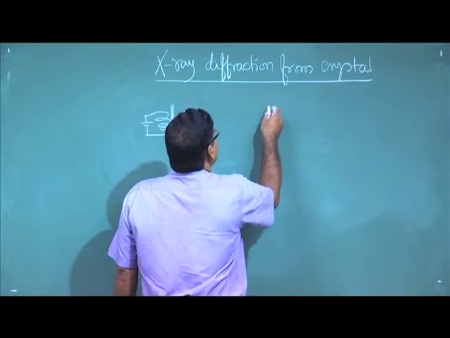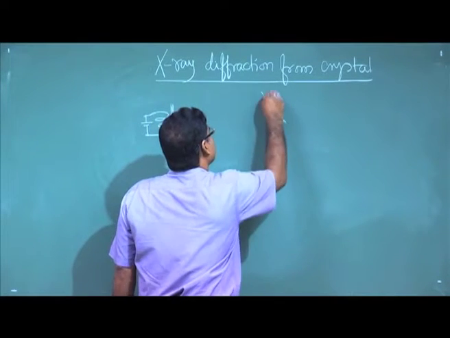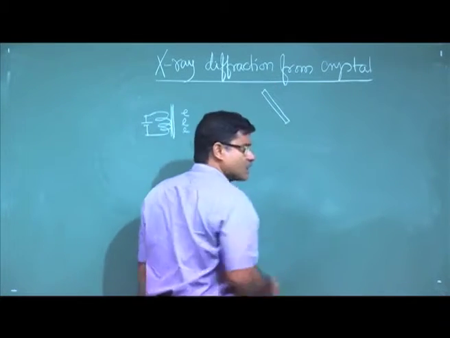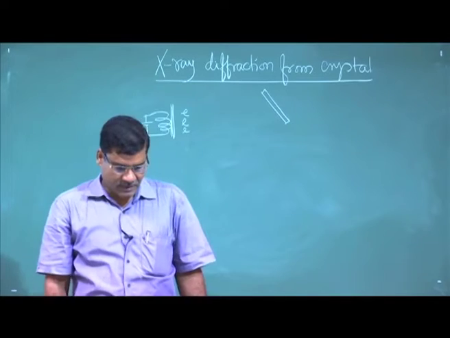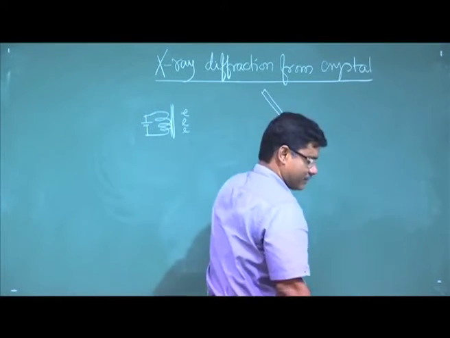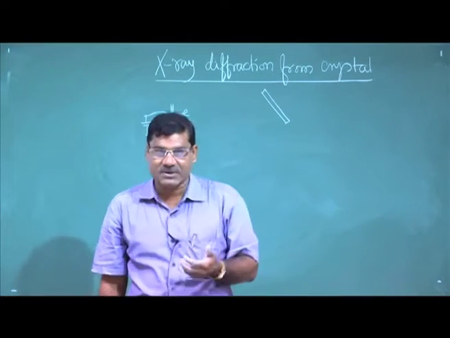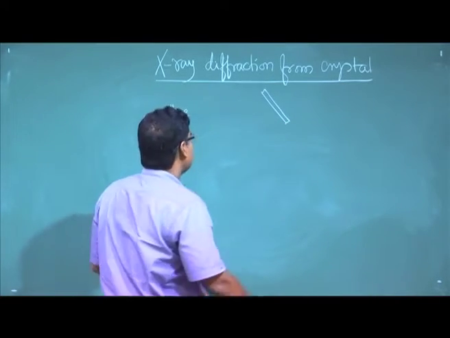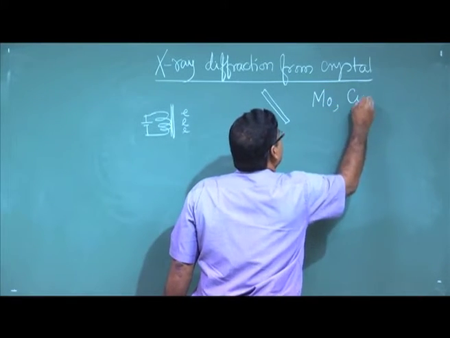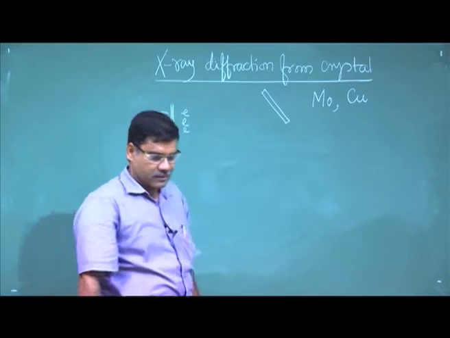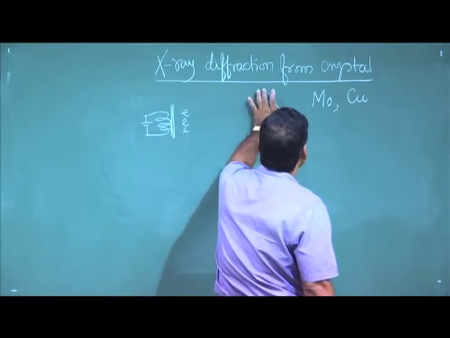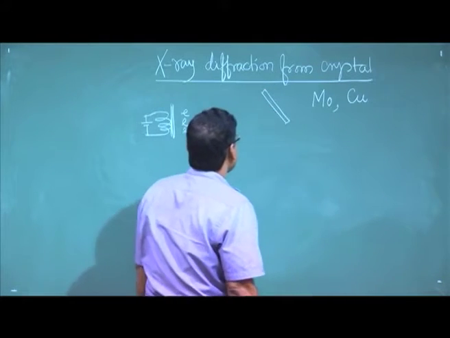And now we have the anode, means we have the target. The target is generally molybdenum target or copper target, which is used for this X-ray generator.